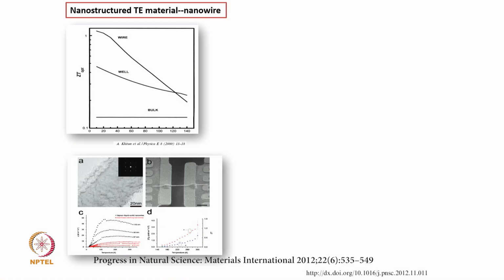If you look at this analysis, which has been done theoretically, and look at the figure of merit here, this is the figure of merit which one can consider from the bulk.